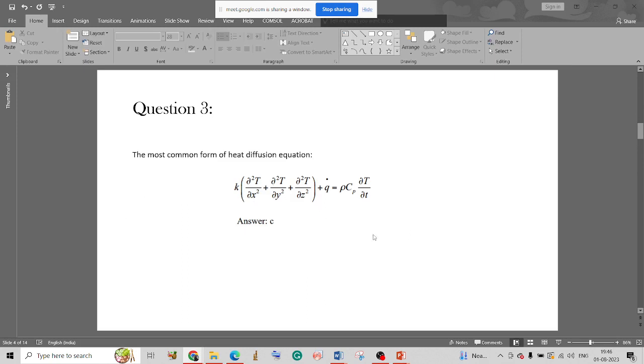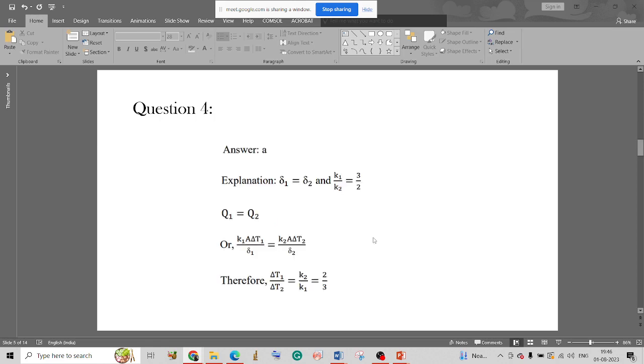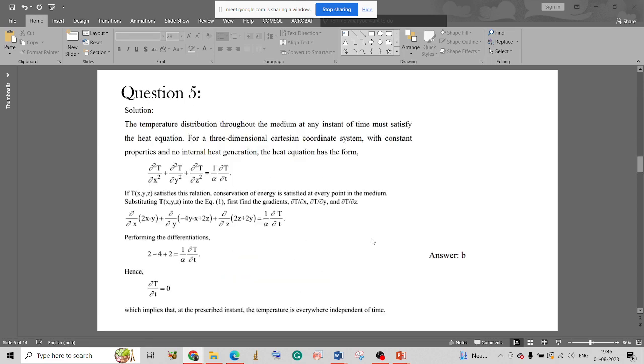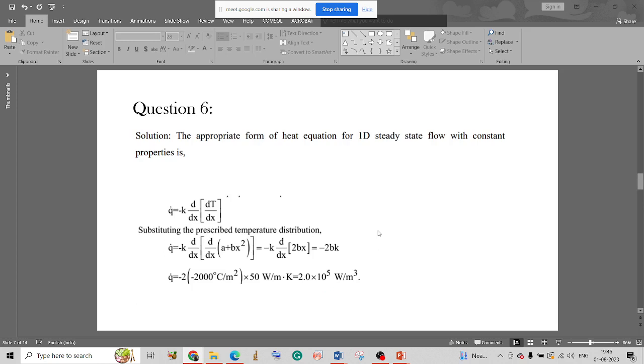So here it is one-dimensional flow, so y and z will be cancelled out, and it is steady state, so t won't be there. That is, the temporal variation won't be there. So heat generation will be there, and we have to find that q dot is equal to minus k d/dx of dT/dx, right?